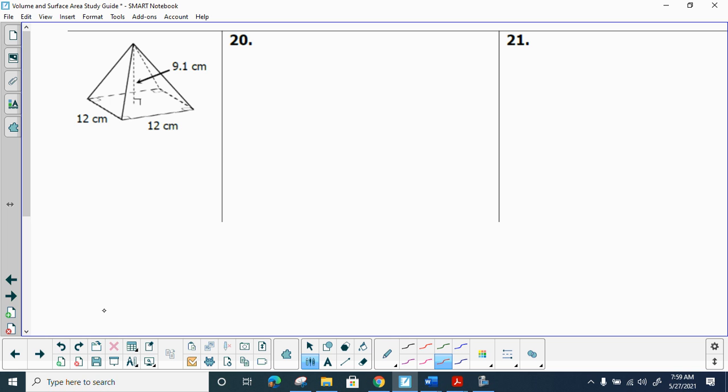All right, next we have a pyramid. And this pyramid has a square base that's 12 by 12. The volume of a pyramid is 1/3 times the base's length and width times the height of the pyramid. All right. So the base's length is 12, the base's width is 12, the pyramid's height is 9.1.